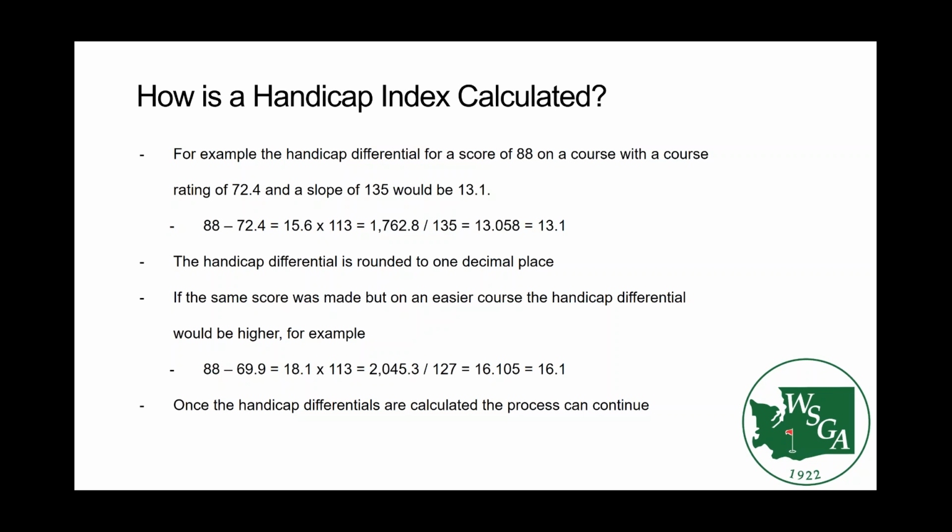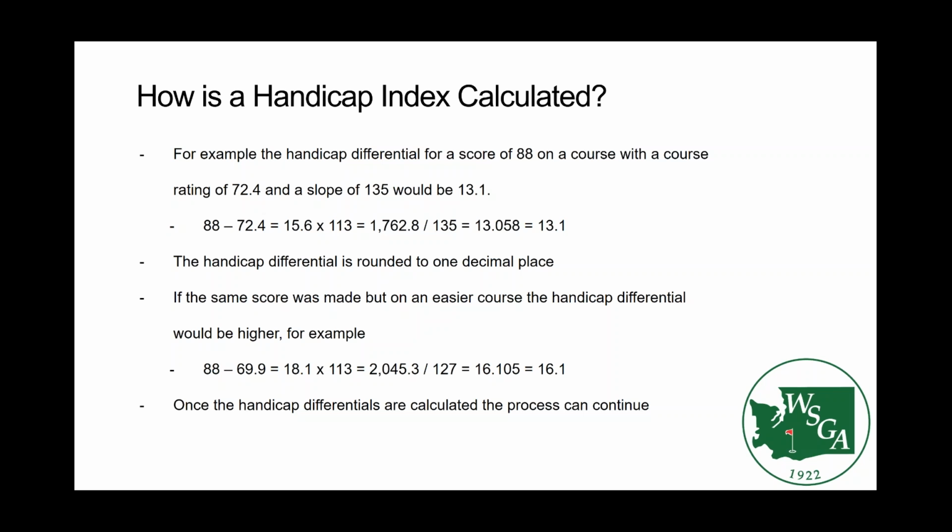The example below this is what I wanted to show you guys: we have the same score, but an easier golf course. We have a slope rating of 127 now and a course rating of 69.9.